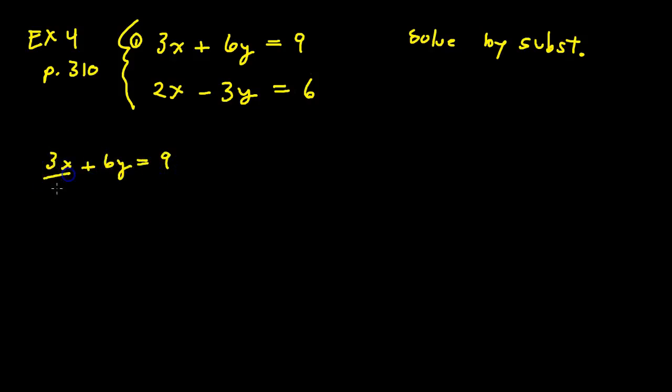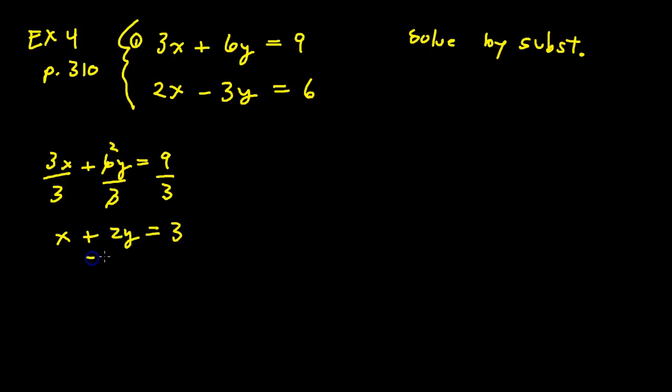I'm going to divide all terms, both sides, by 3. 3x over 3 reduces to x, plus 6y over 3, 3 cross cancels into 6 twice, x plus 2y equals, and 9 over 3 is 3.